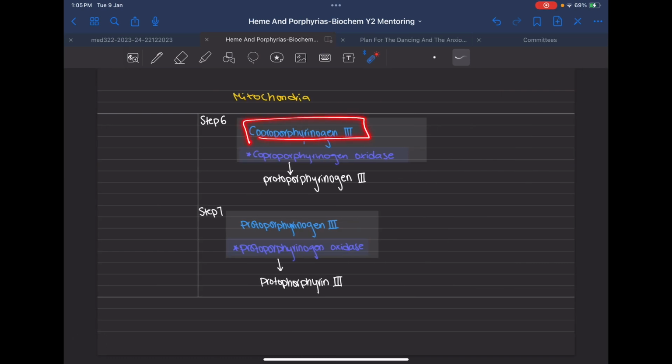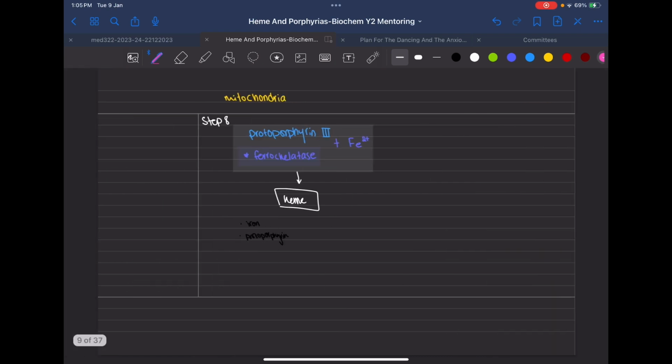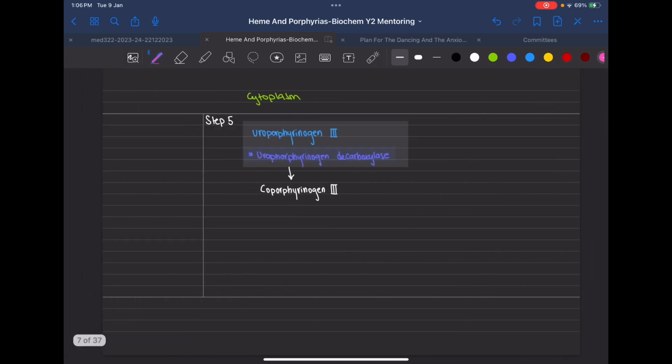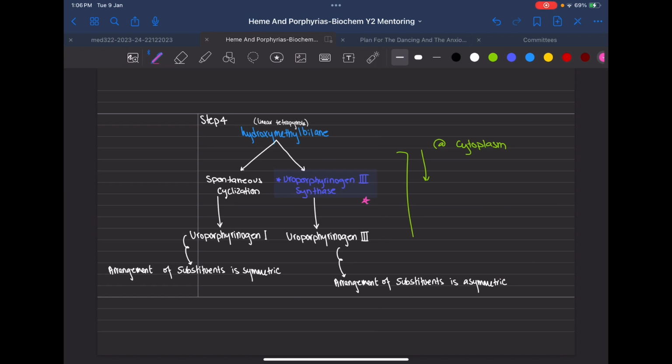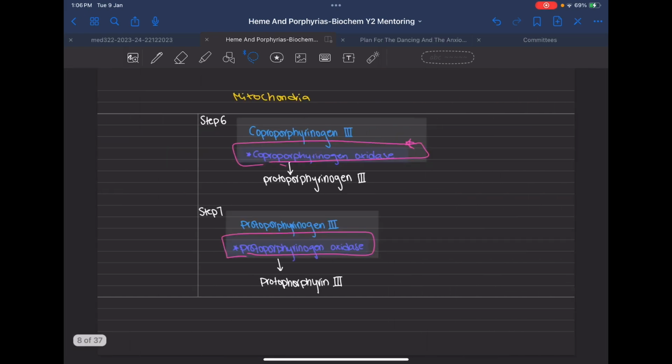Once we get coproporphyrinogen 3, we're officially back to the mitochondria, meaning that this is a mitochondrial enzyme, and our last step also happens in the mitochondria. So the only cytoplasmic enzymes are the uroporphyrinogen 3 synthase and uroporphyrinogen decarboxylase.